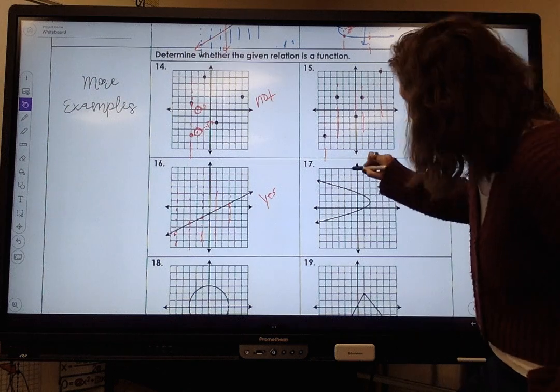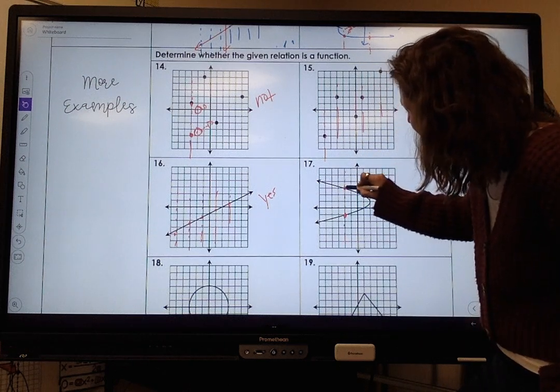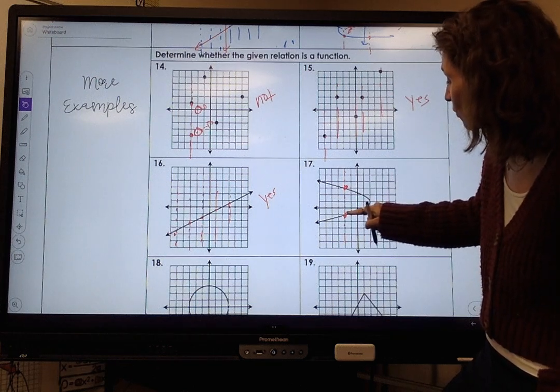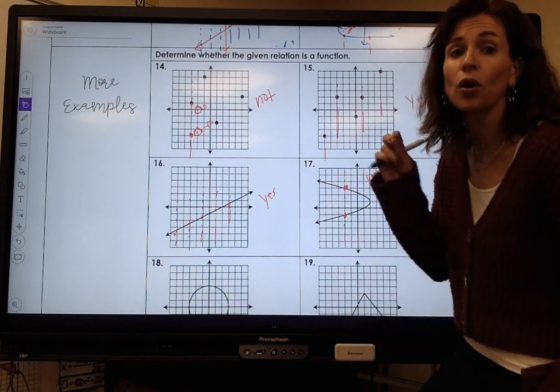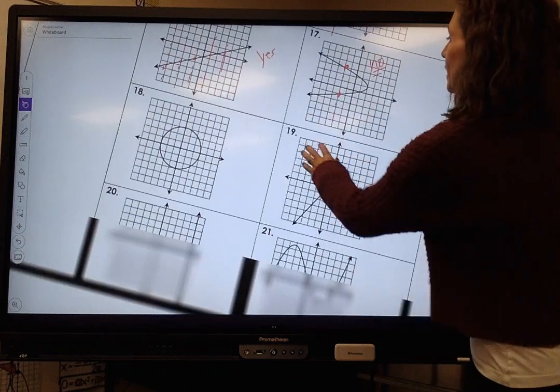Number 17, if I drew an imaginary line, it's intersecting the graph here and here. It intersects it at (-2, 3) and (-2, -1). No, it is not a function. That vertical line can only intersect that graph one time. Let's look at 18.